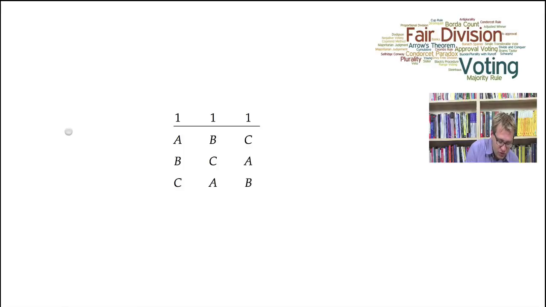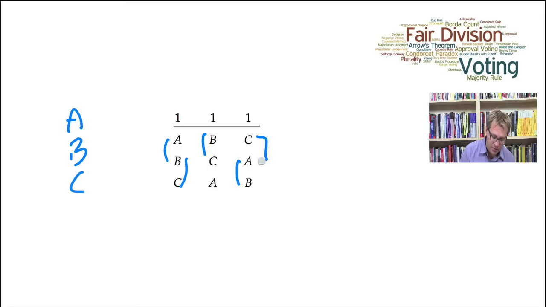Note, 2 to 1 prefer A over B. So 2 people prefer A over B, 1 person prefers B over A. 2 to 1 prefer B over C, and 2 to 1 prefer C over A. So this generates an intransitive majority ordering, or intransitive group ordering.